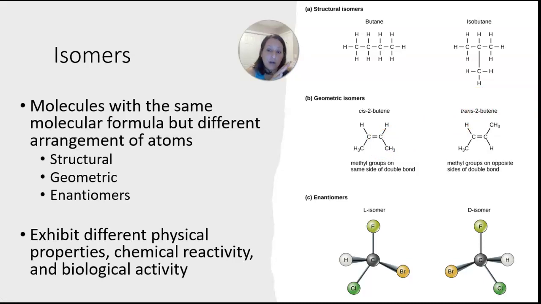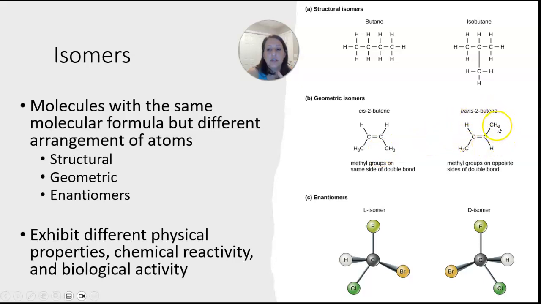Okay, so if we count up the carbons and the hydrogens, they're equal. They have the same molecular formula. Here's the difference. So the double bond is between the second and third carbon in both cases. Okay, but if you look here, this CH3 and this CH3 are both on the same side of the double bond. So we say that they're in cis. This is the trans configuration.